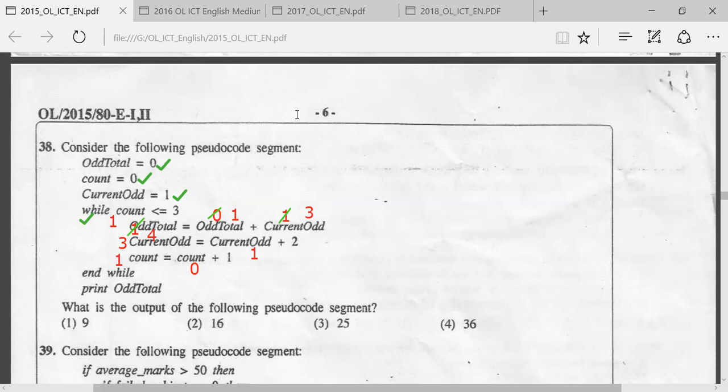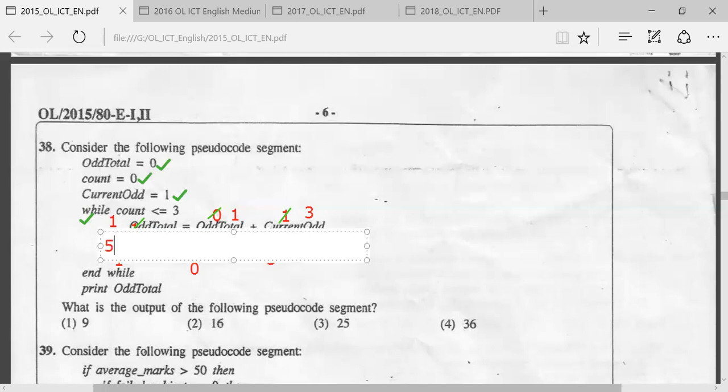Current odd, now it is 3. Right? So current odd is 3. 3 plus 2, it is 5. Count equal count plus 1. Count is 1. Right?